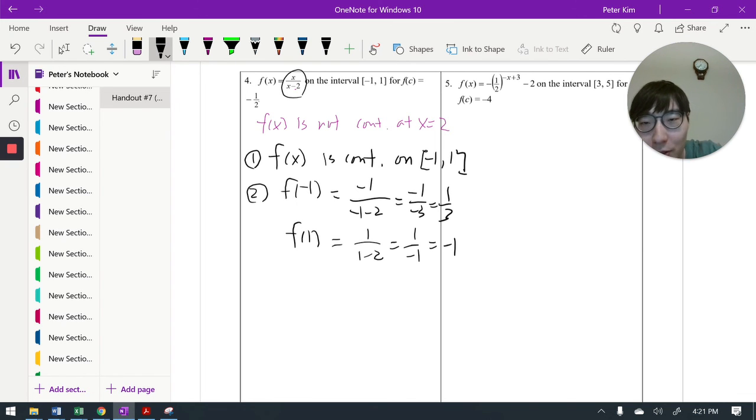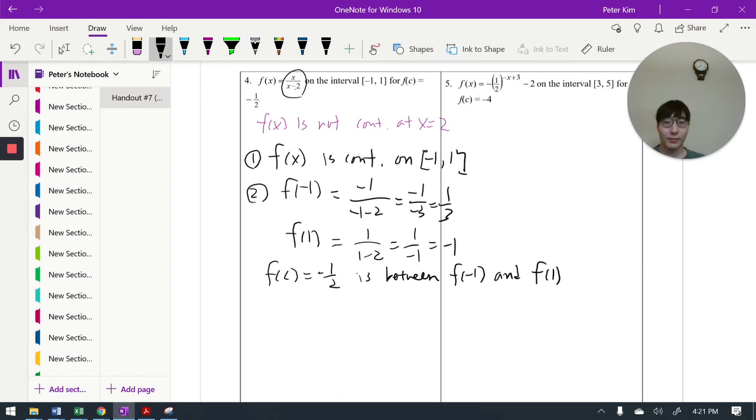So you see that f of c equals -1/2 is between f of -1 and f of 1. It's a perfect condition for using IVT here.